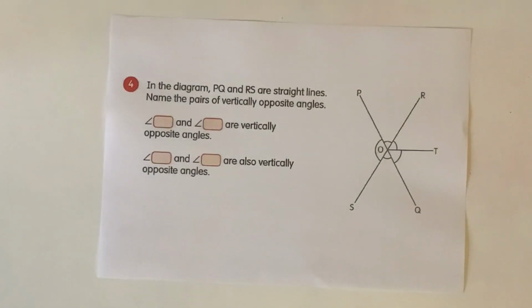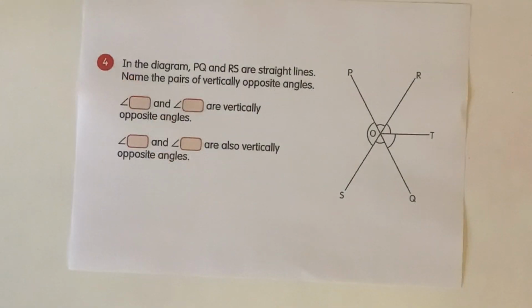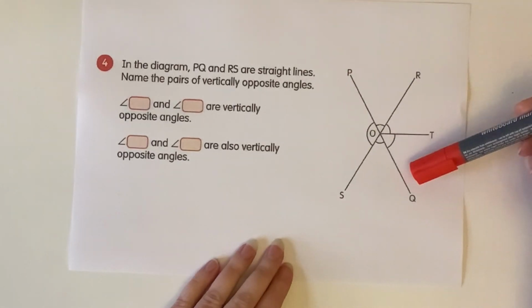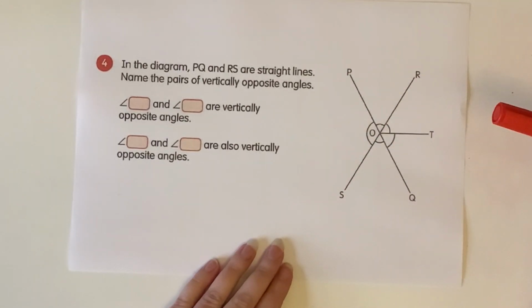Right, now that we've had a go at measuring vertically opposite angles, what I'd like you to do now is have a look at question 4, and have a go at naming the angles. So pause the video and then I will go through it. So in the diagram, PQ and RS are straight lines. Name the pairs of vertically opposite angles.